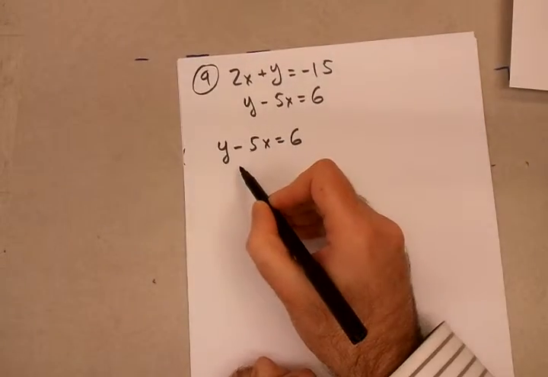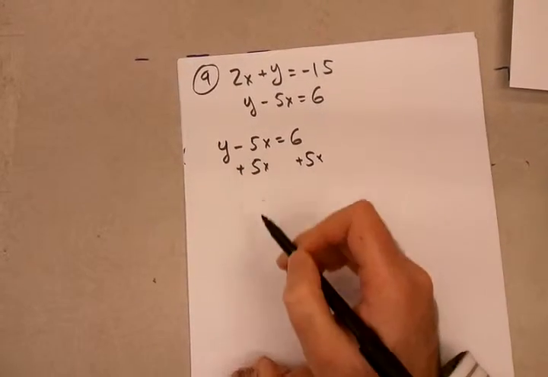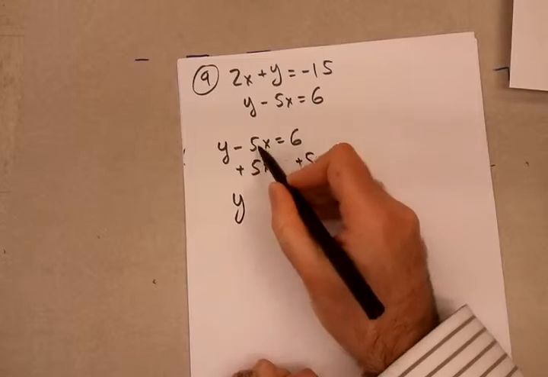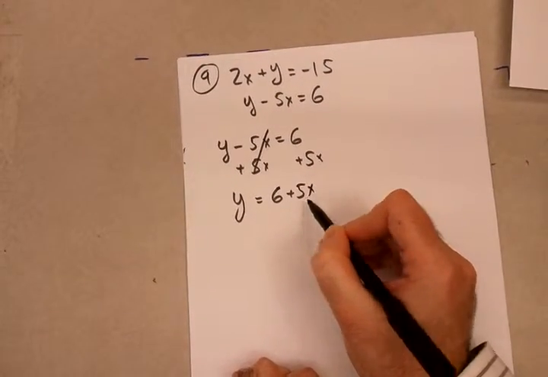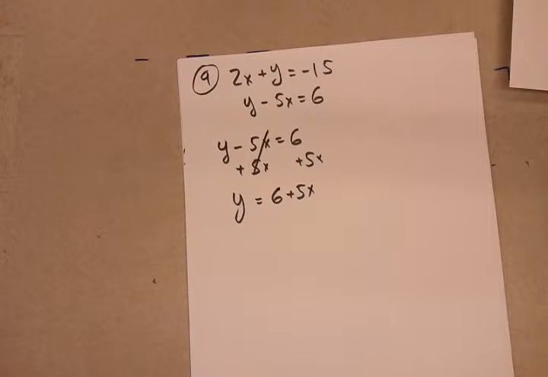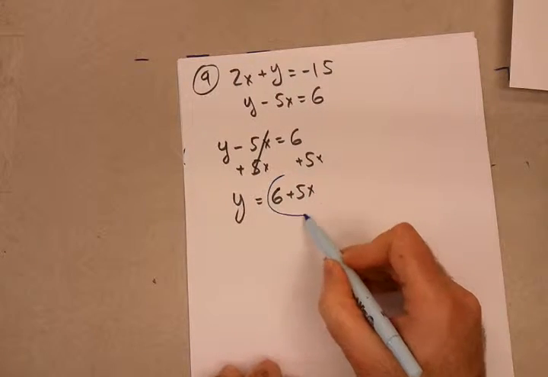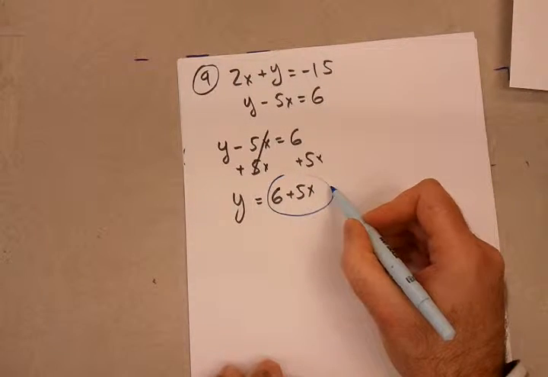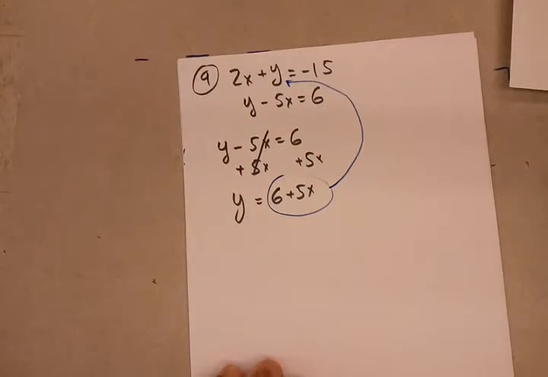So I'm solving for y, so I'm going to get rid of this x by using reverse operations. y equals 6 plus 5x. So now I'm going to substitute this solution for y into the y of the other equation, the one that I didn't choose.